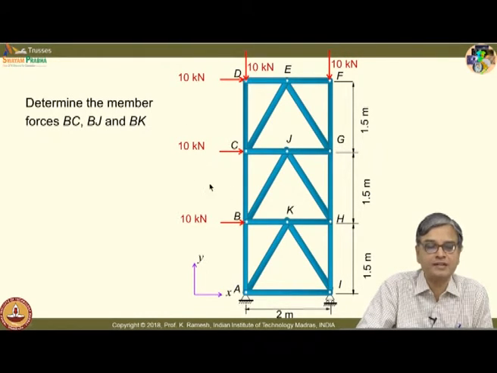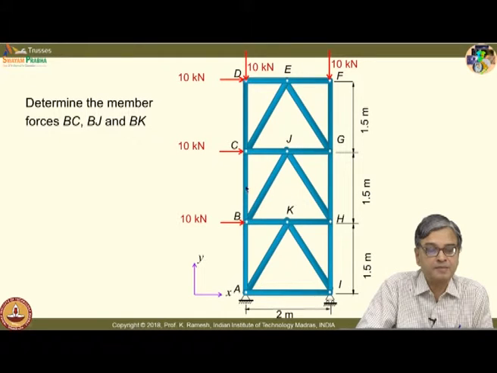You have already looked at the method of joints as well as the method of sections. You have a truss like this, make a neat sketch of it. You have this supported on a hinge or pin joint at one end and a roller support at the other end. And the question is, I have to find out the member forces of only 3 members.